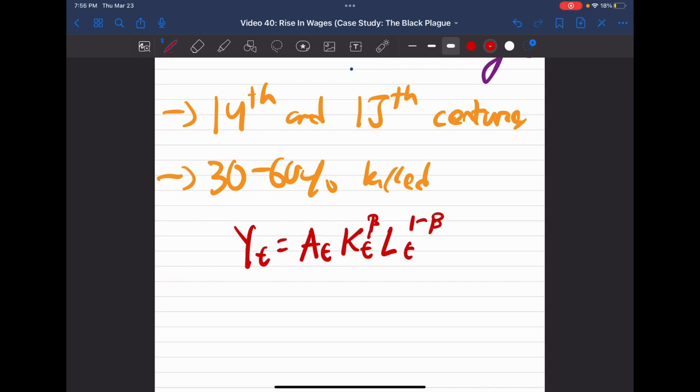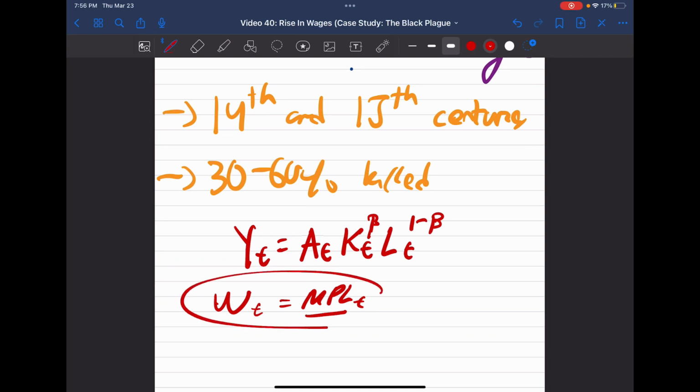Now we know when we maximize our profit, in order to know the wages that we pay our laborers, in accordance with the profit maximization rule, the wages, W_t, should equal MPL_t, which is the marginal product of labor.